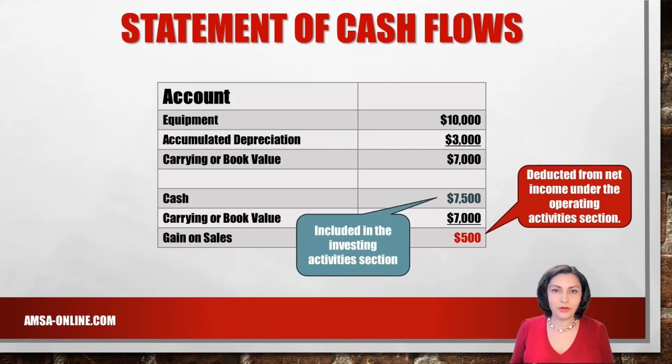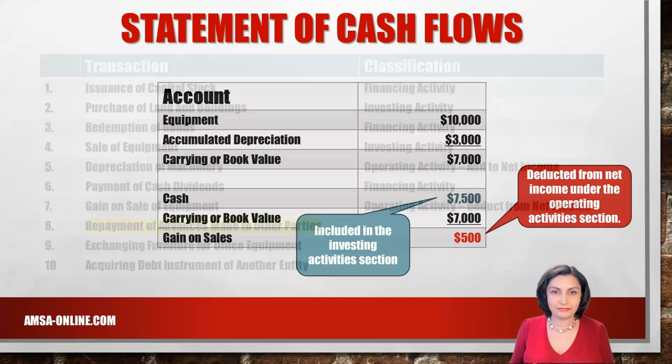The gain of $500 was added to compute net income when net income was calculated. However, $500 is also a part of the cash received as a result of sale and will be included in the investing activities section. Therefore, we deduct $500 from net income under the operating activities section.